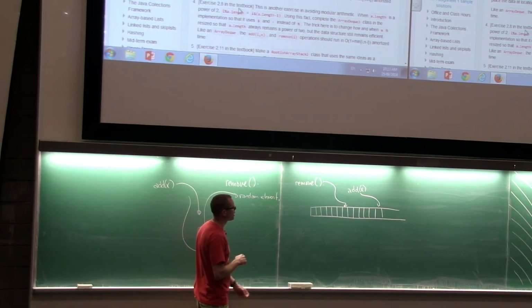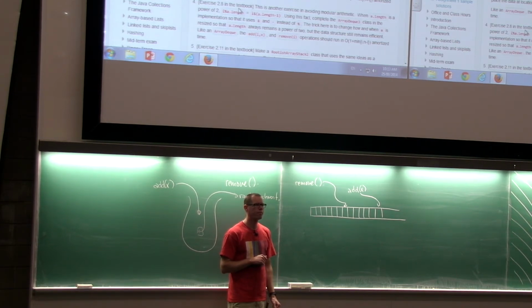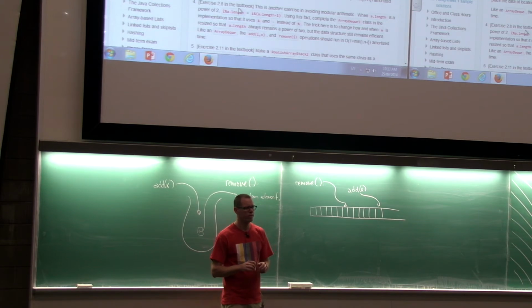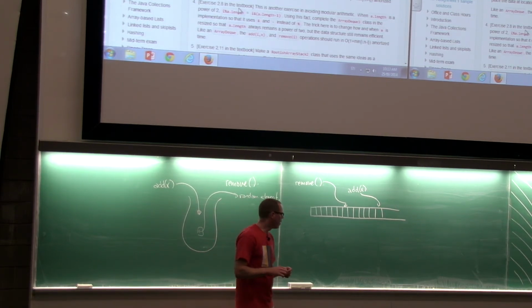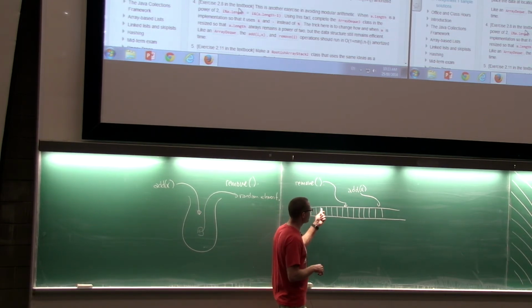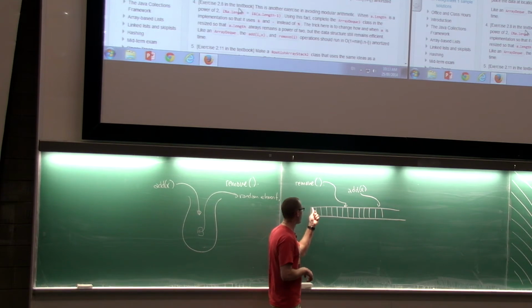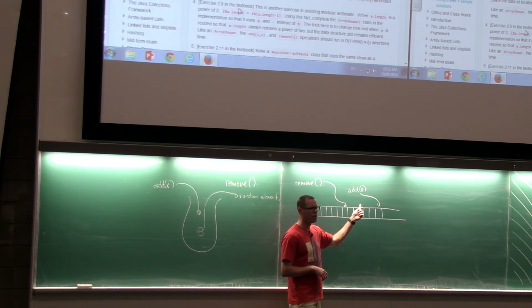What's the problem with this implementation? Yeah. So the remove operation takes a random element, and so it's equally likely to be at the end, at the front, or in the middle, or anywhere else.